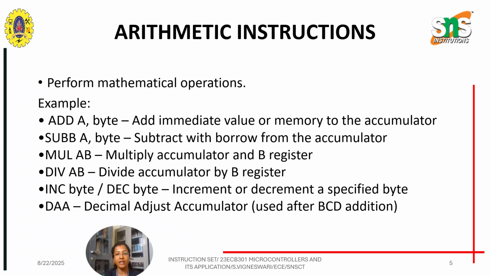And DIV AB indicates the division of the accumulator by the register B. Similar to these, we also have increment and decrement operations. INC refers to the increment and DEC refers to the decrement of the data byte. The special one here is DAA, the decimal adjust accumulator, where the accumulator bits are adjusted when we go for decimal or binary coded decimal addition operations.